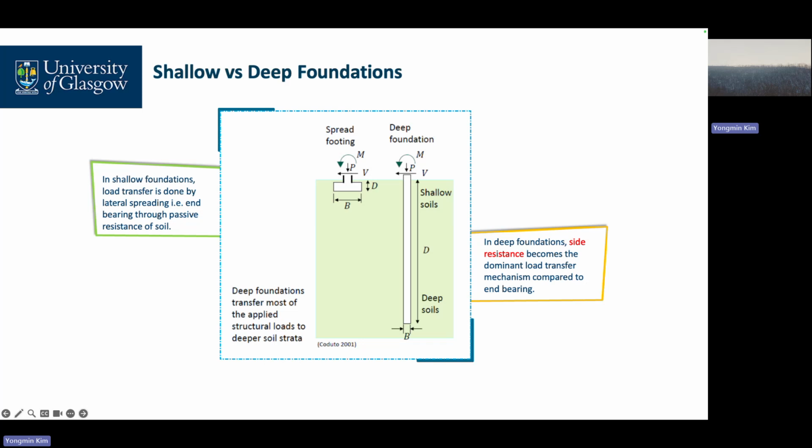These are our soils, and each face has resistance. Our loads transfer laterally and vertically. So our ultimate shallow foundation bearing capacity is simply cNc, qNq, and 0.5 gamma B N gamma.